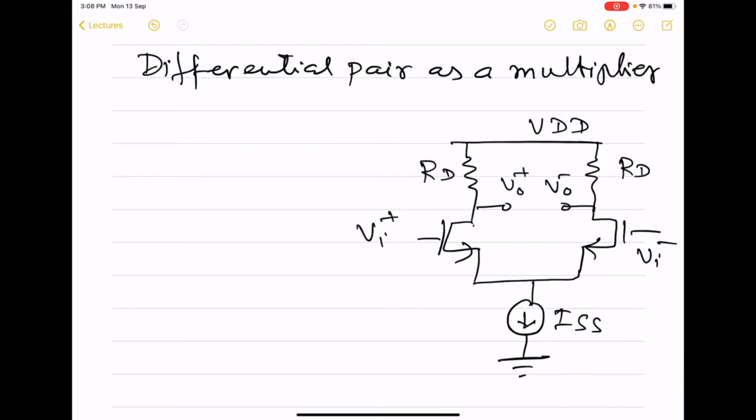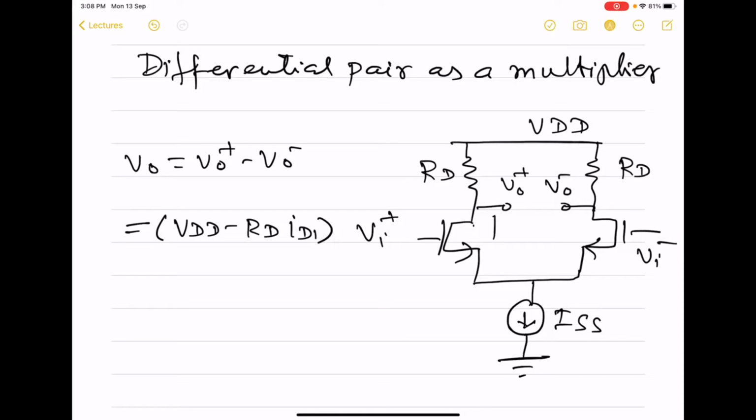And we know that the output is VO plus minus VO minus, and these individual outputs are VDD minus RD ID1, so this is ID1, and this is VDD minus RD ID2.